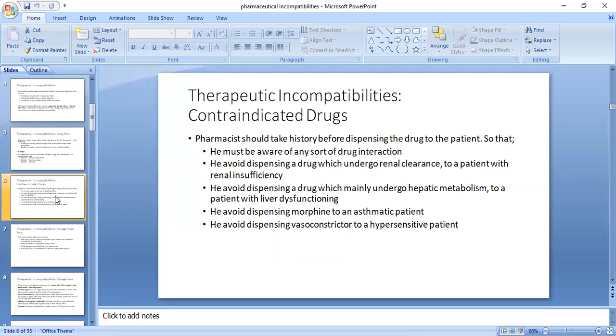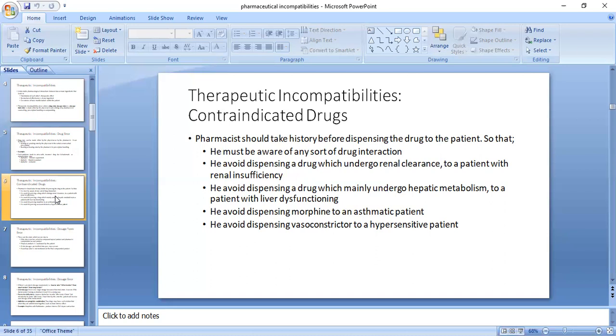He should avoid dispensing a drug which mainly undergoes hepatic metabolism to a patient with liver dysfunction. He should avoid dispensing morphine to an asthmatic patient, and a vasoconstrictor to a hypersensitive patient.